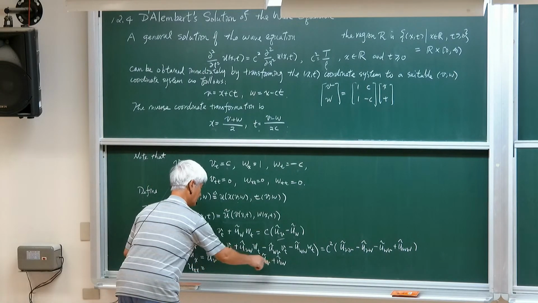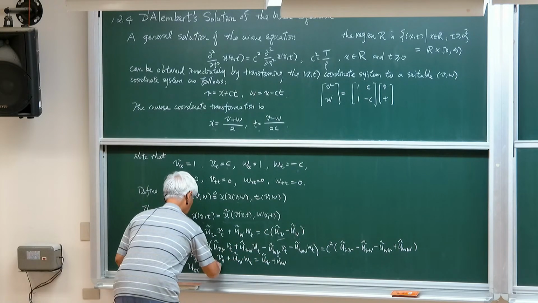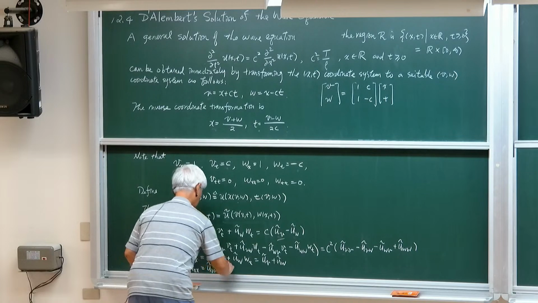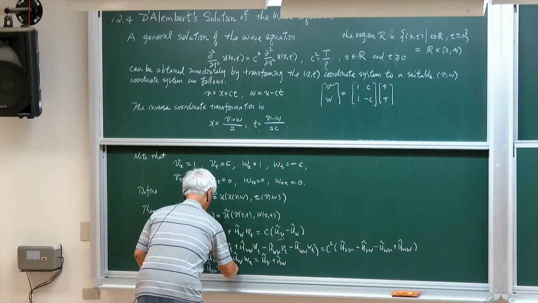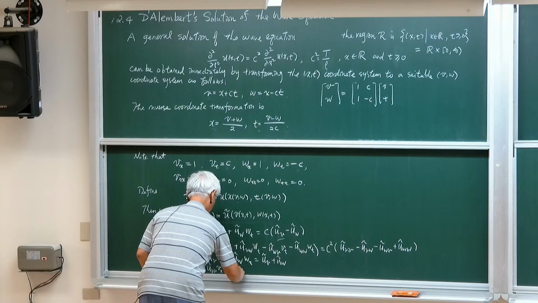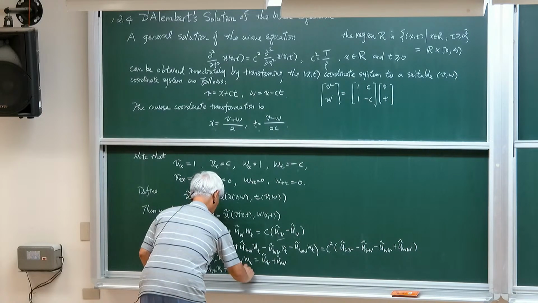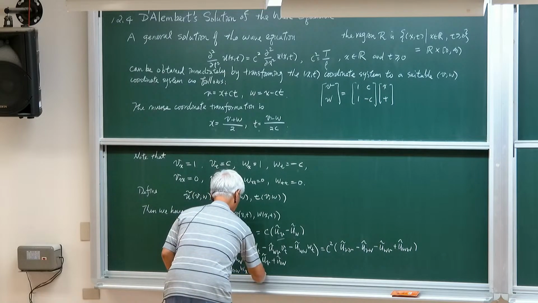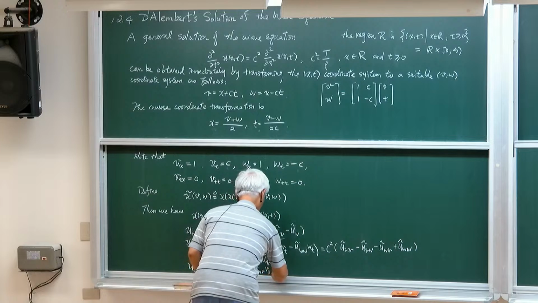Okay, and this is u tilde VV times Vx plus u tilde VW times Wx plus u tilde WV times Vx plus u tilde WW times Wx here.